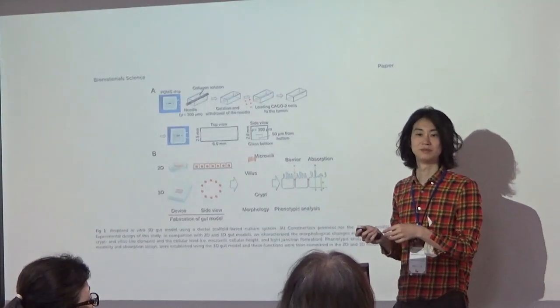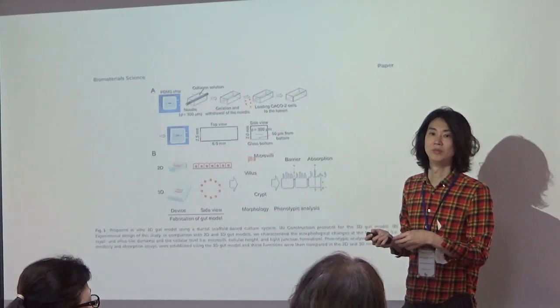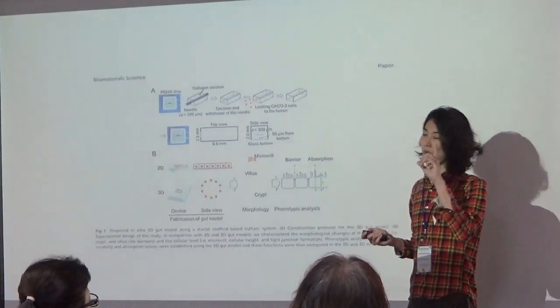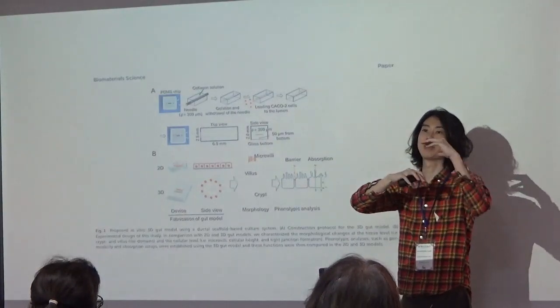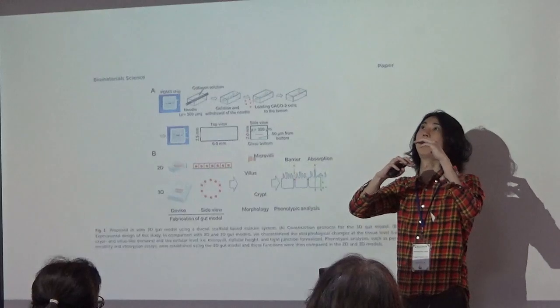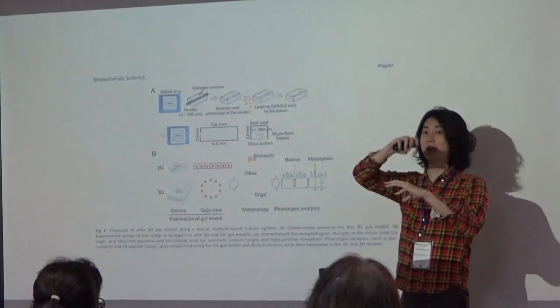I wonder how many cell layers it will be. Only one layer, because the Caco-2 cell cannot form a stratified epithelial cell type.